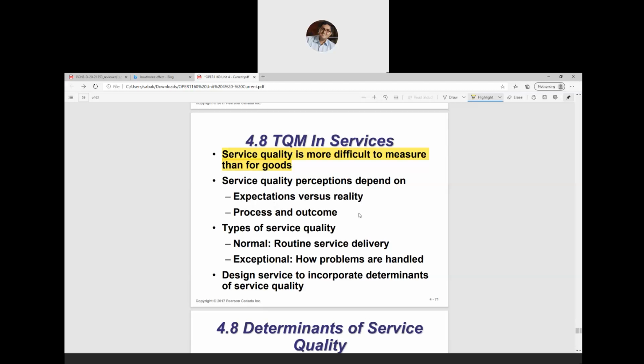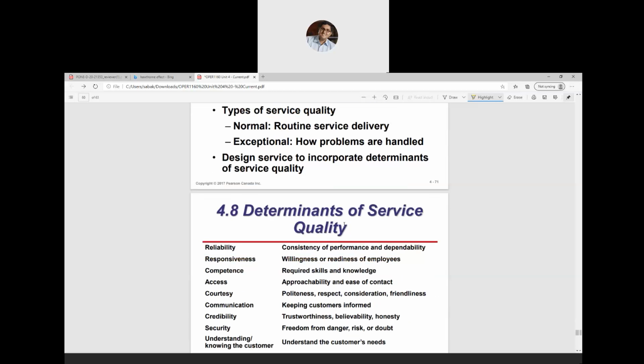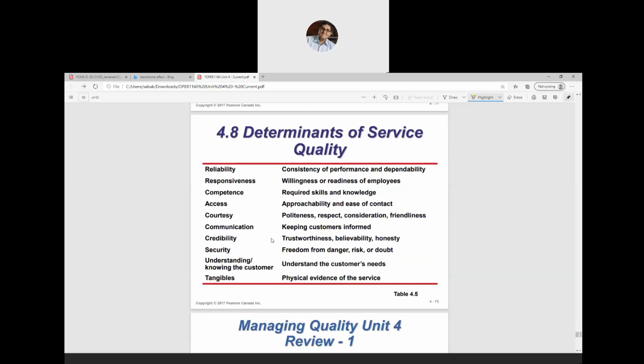So service quality is always more difficult to measure. There are perceptions which depend upon, say, your expectations. A friend who didn't like the restaurant had great expectations about it, but in the end it didn't happen. It can depend mostly on the perceptions. Now, what are the various aspects of service quality?